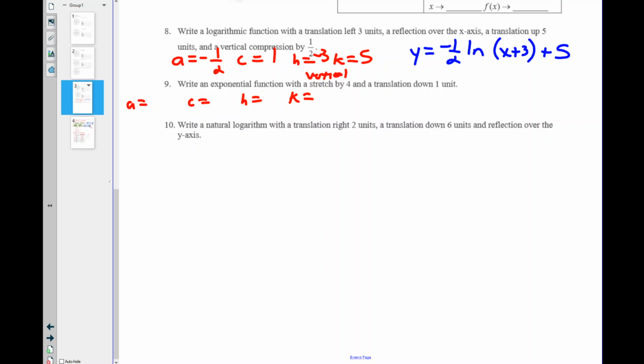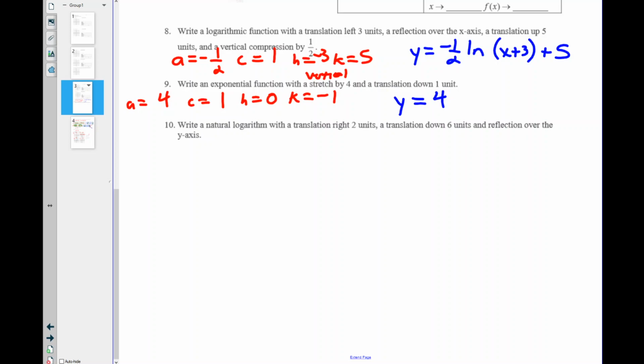If that were the case, if that was vertical, then what would A be? 4. What would C be? 1. What would H be? 0. Good. What would K be? -1. So they want this to be exponential. So y equals 4. They don't tell us what to make the base.